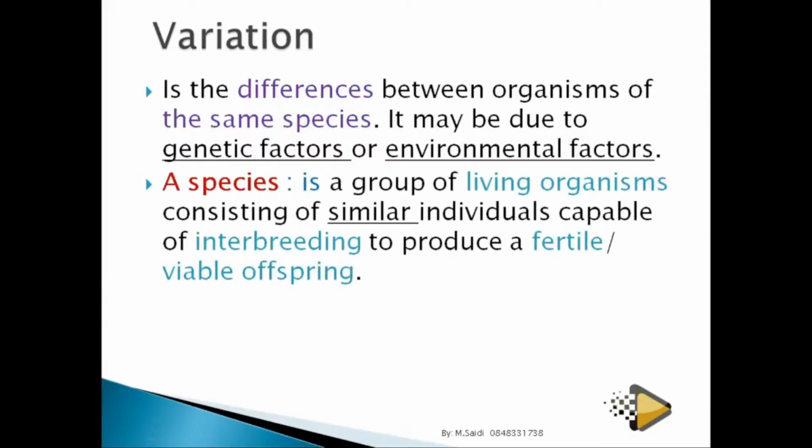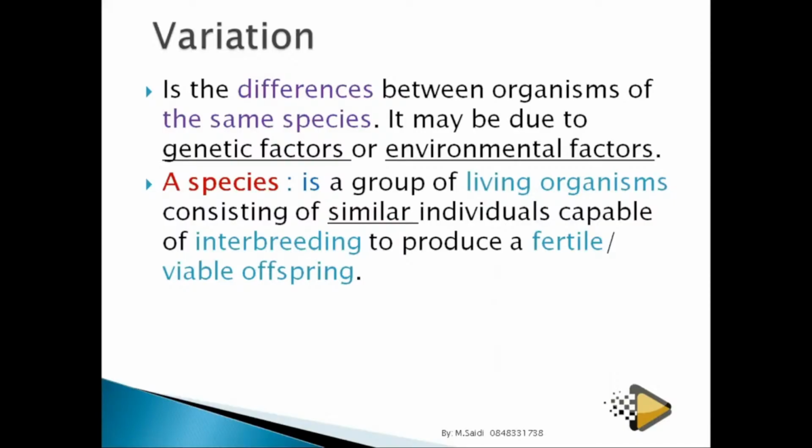When we talk about a species, it's a group of organisms living together, and these organisms must interbreed to produce fertile offspring. I've tried to explain this. A group of living organisms consists of similar individuals, meaning the same group, capable of interbreeding. Interbreeding is having sex and producing kids.